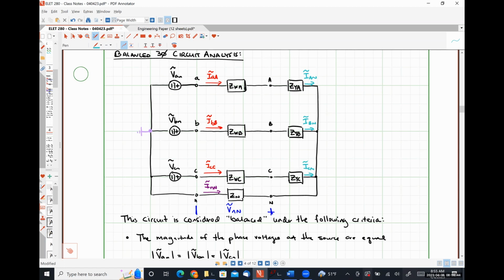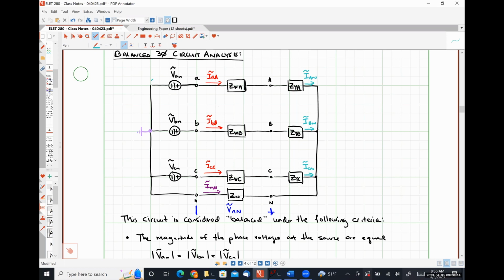How do these three quantities relate to our line currents for this system? They're the exact same thing, because those impedances are in series, and so the same current flows through both. So what that means is that our phase currents must have equal magnitudes, and they're separated from each other by 120 degrees, because our line currents have equal magnitudes and are separated from each other by 120 degrees.